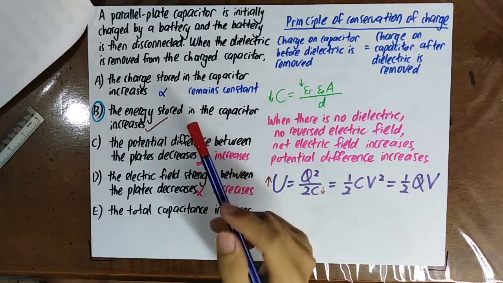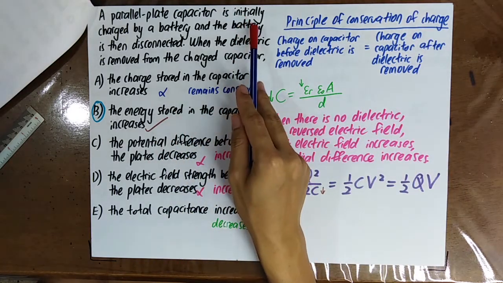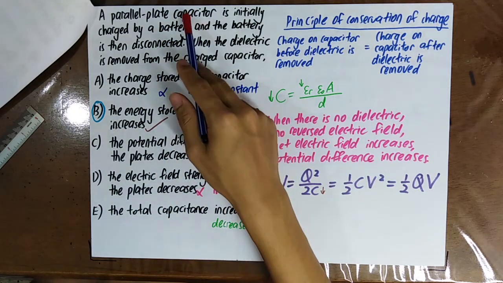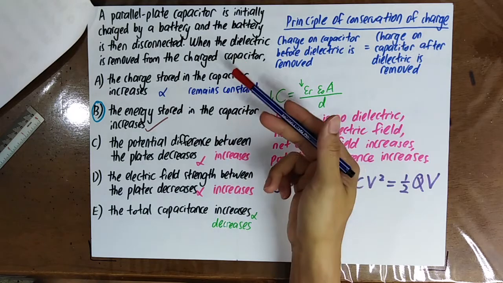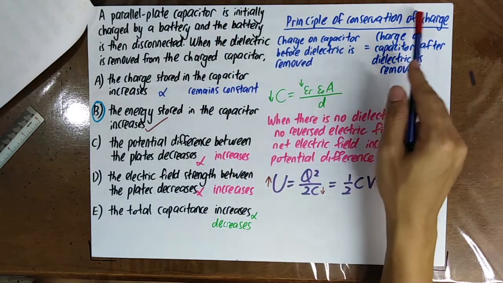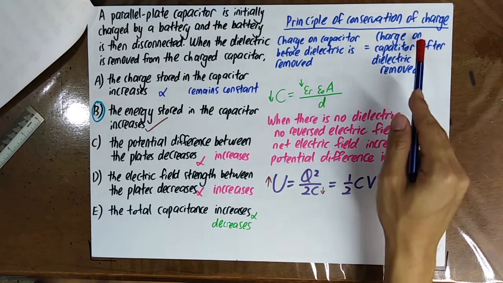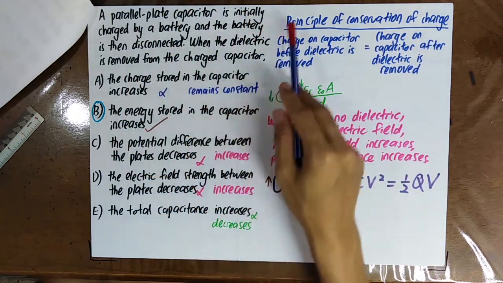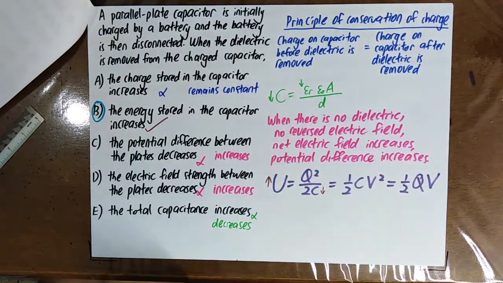I repeat one more time: if the battery is charging the capacitor, or if the capacitor is discharging through a circuit, then you do not use the principle of conservation of charge anymore. Only when the capacitor is isolated do you use this principle.